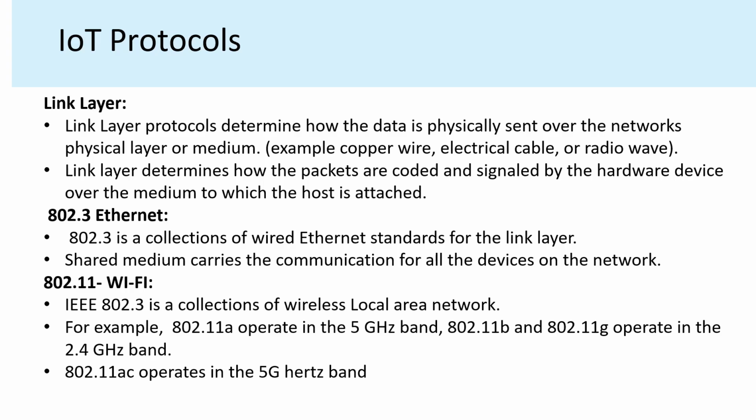For example, 802.11a operates in the 5 GHz band, 802.11b and 802.11g operate in the 2.4 GHz band, and 802.11ac operates in the 5 GHz band.